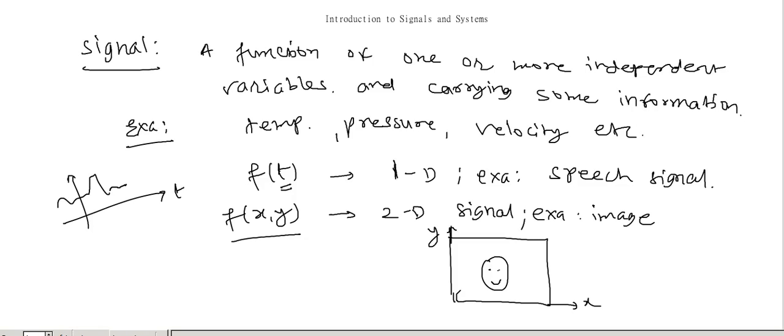So if you record and plot a speech, or you can see this on a CRO, it will look something like this. Okay, so the information is in this change. If the signal does not change, if nothing changes here, then there is no information.